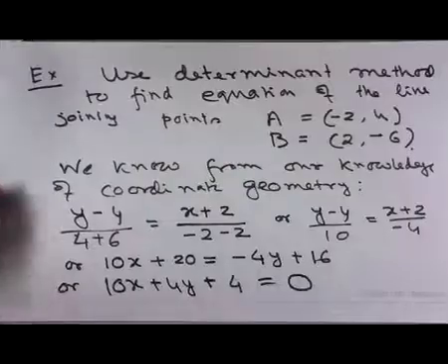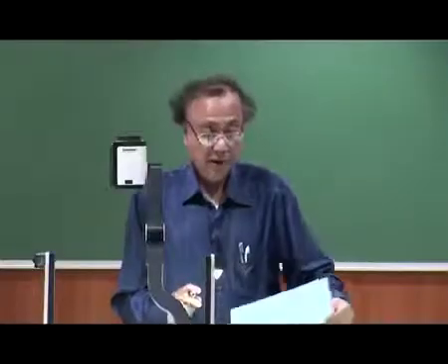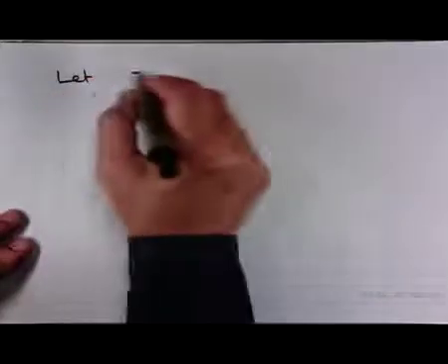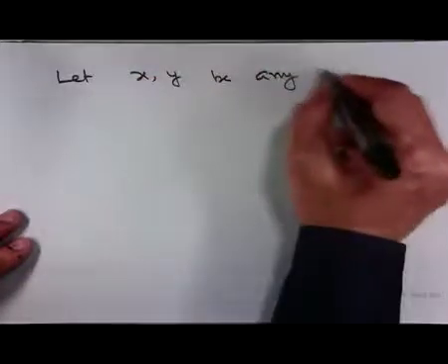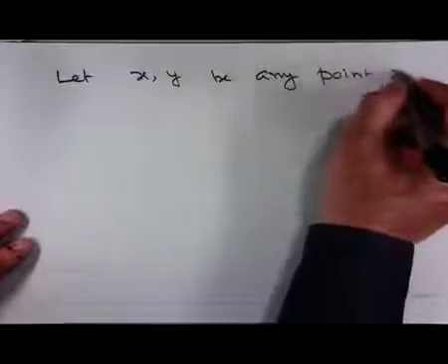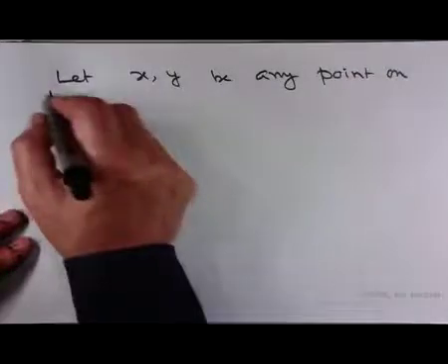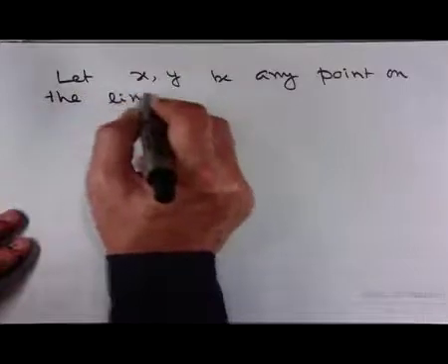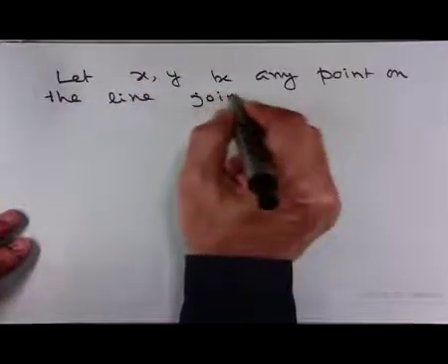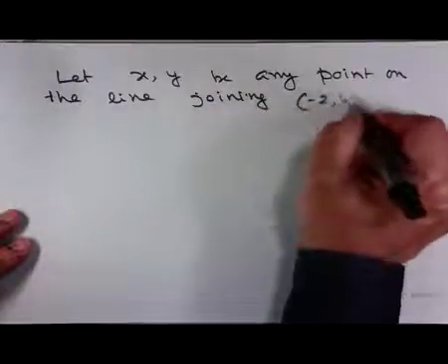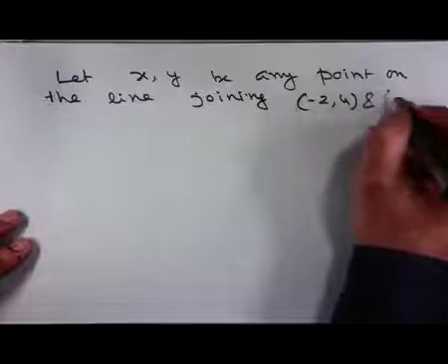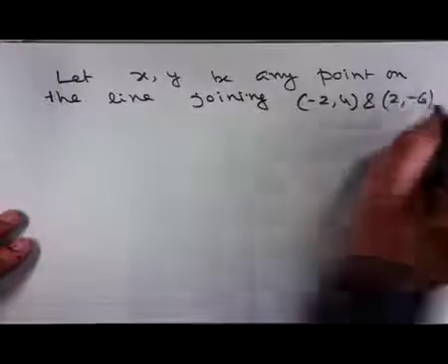This in any case we know, but now we do it using determinant and see whether we get the same result. So, let (x, y) be any point on the line joining minus 2 comma 4 and 2 comma minus 6.